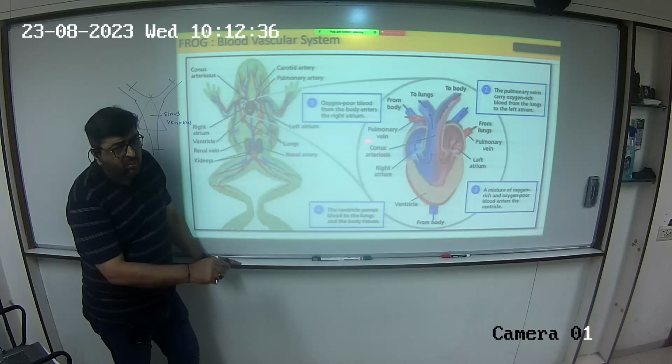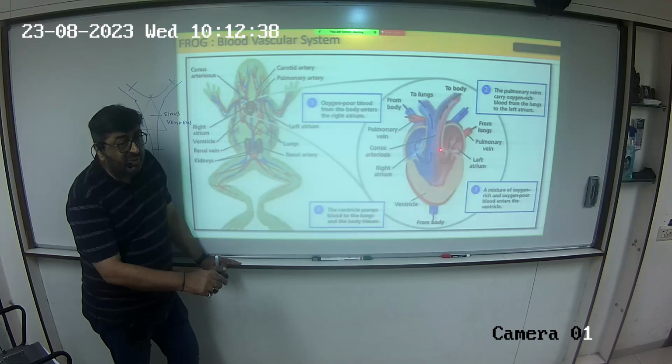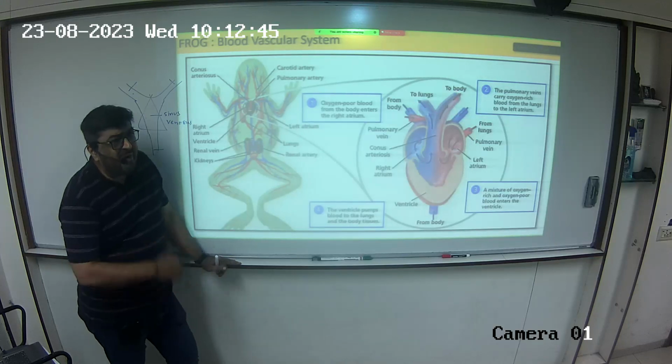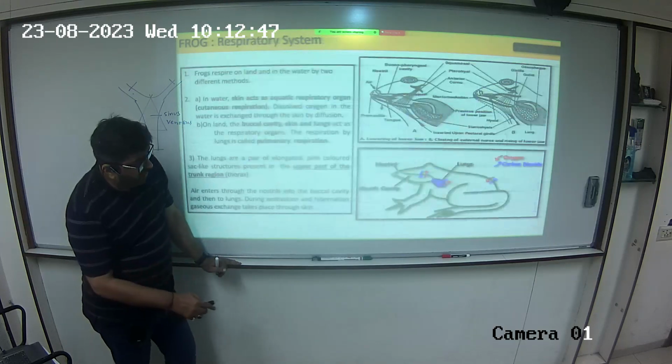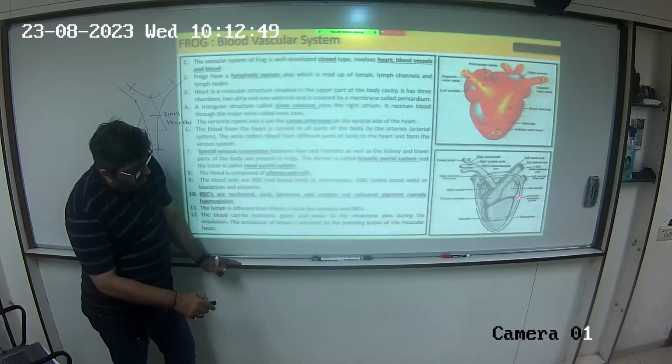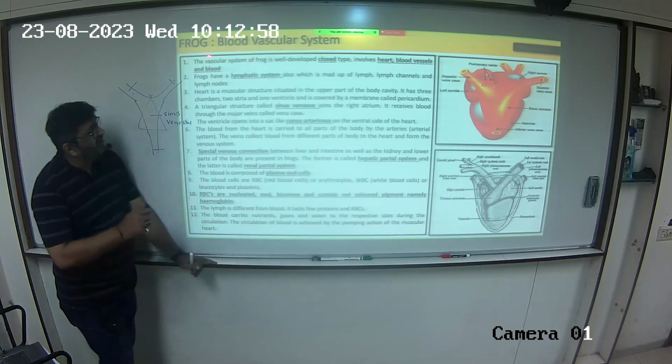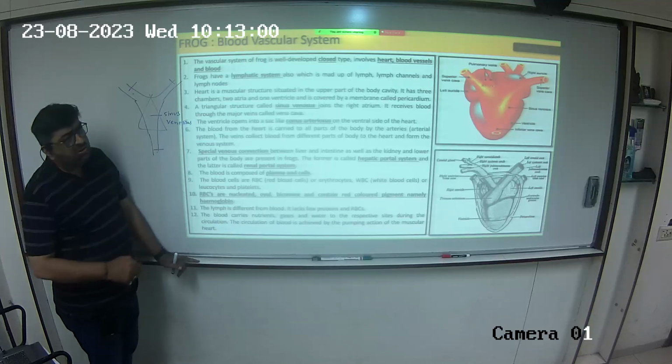Conus arteriosus, which will supply blood to the body and to the lungs also. Right? So what is going is mixed blood now. ये देखो. This is the ventricle structure, and what is arising from here is called as the conus arteriosus. The vascular system of frog is well developed, closed type.